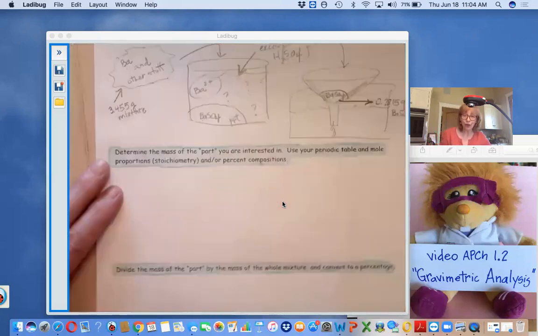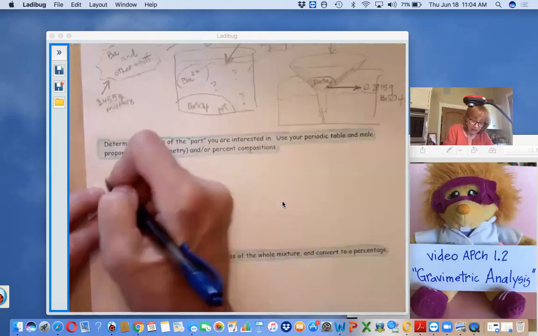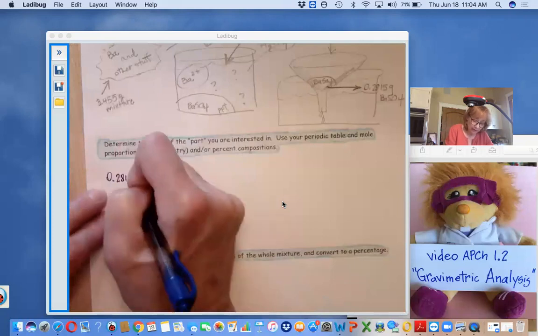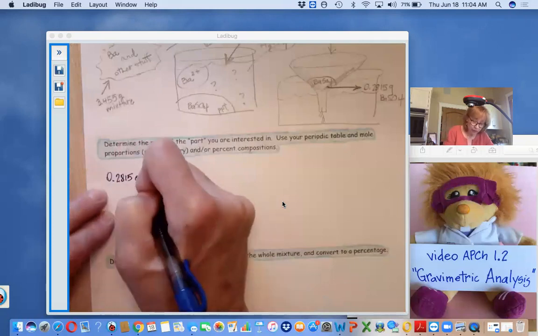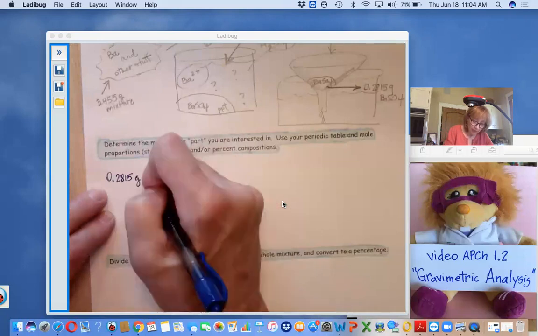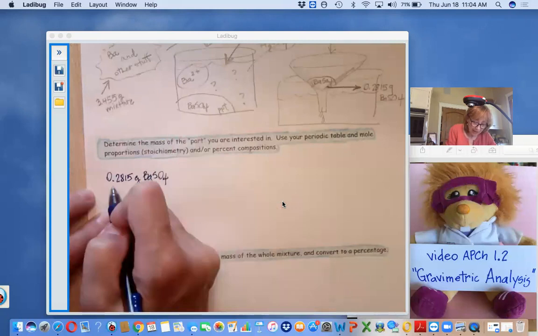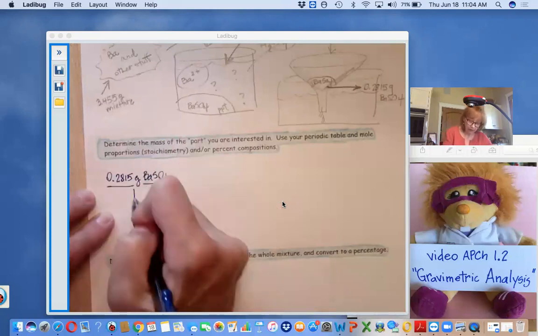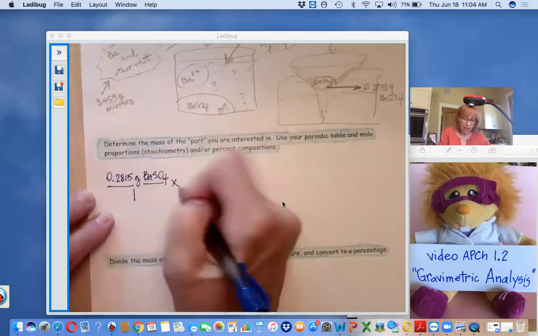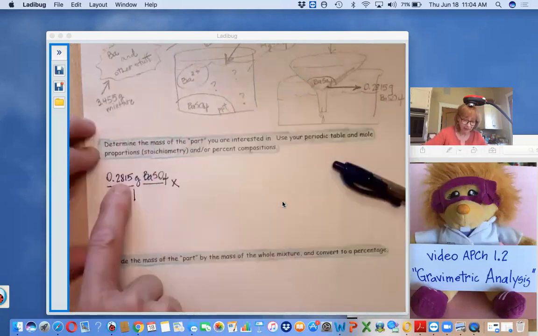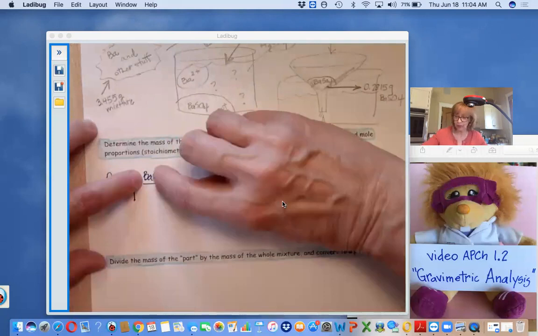So I'm going to start with that 0.2815. Remember to label the unit and the identifier. So I have the mass of that precipitate. And what I really want to know is how much of this mass is due to the barium part.